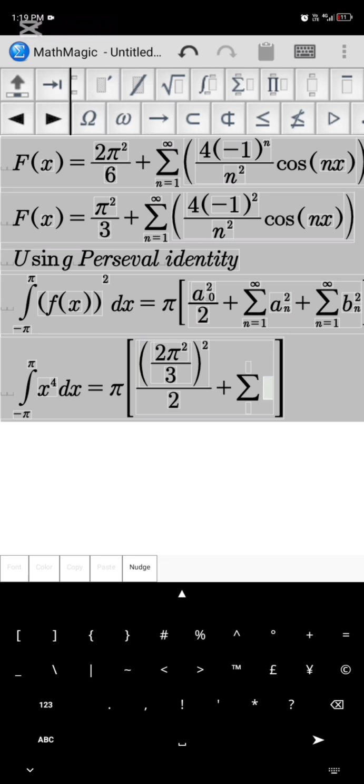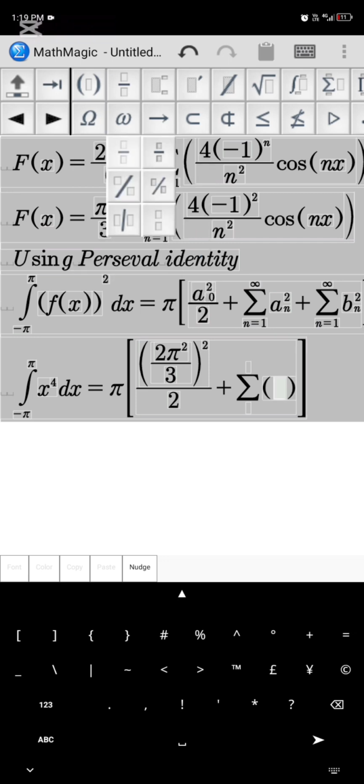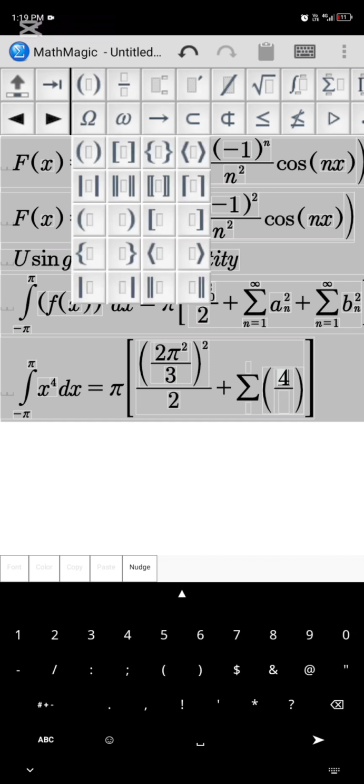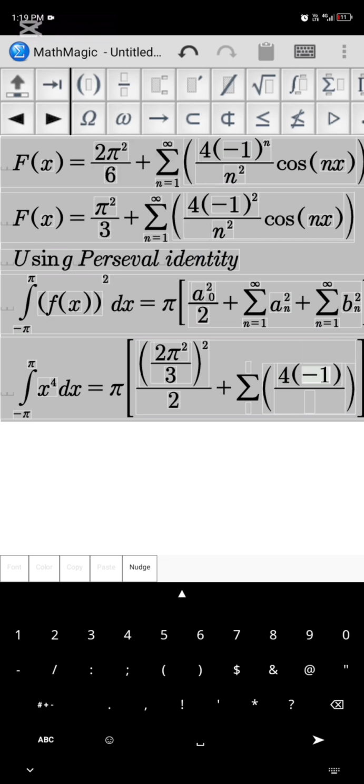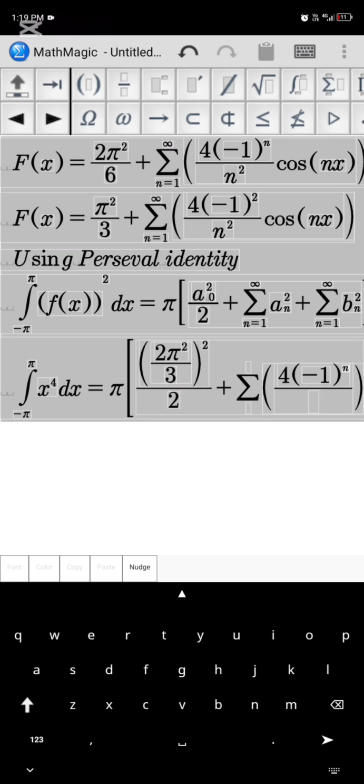So then if we square that, we're going to have 4 multiplied by minus 1 raised to the power of n over n squared. So don't forget to square it.